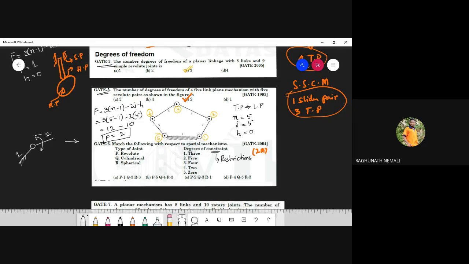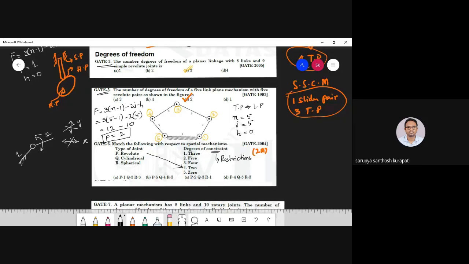So along the x-axis and along the y-axis both are restricted, yes or no? Yes, sir. So how many restraints or constraints are there? 2, sir. Very good. I hope you got it now. Clear? Yes, sir. So P goes to 4.